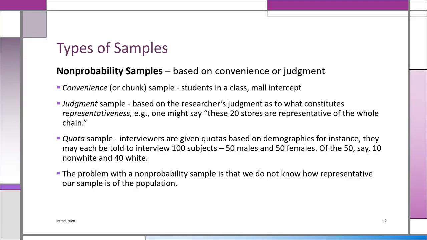You tell the interviewer, oh, come back with 100 subjects, 50 must be male and 50 must be female, 10 should be non-white and 40 white, etc. That's called a quota sample. Again, it's a kind of a judgment sample. The problem with any kind of non-probability sample is you really don't know how representative your sample is of the population. It's essentially you're guessing. You think it's okay, but it may not be okay.